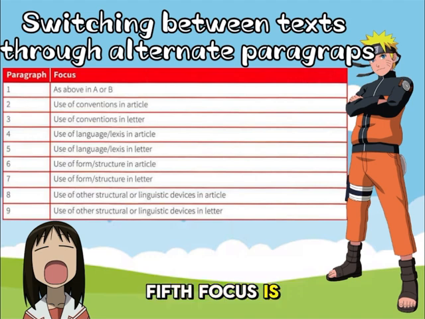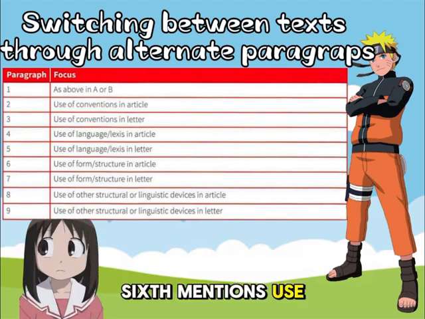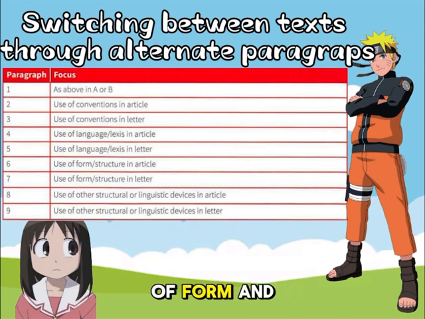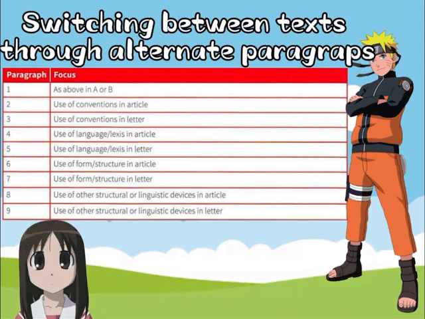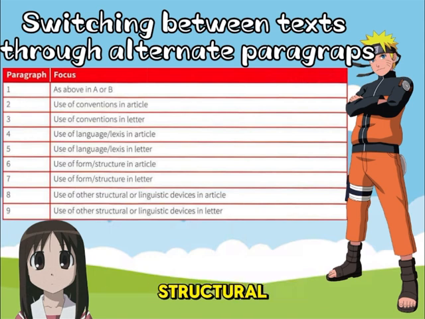Fifth focus is on use of language and lexis in the letter. Sixth mentions use of form and structure in the article. Seventh mentions use of form and structure in the letter. The 8th is about the use of structural or linguistic devices in the article. And lastly, paragraph 9 is about the use of other structural or linguistic devices in the letter.